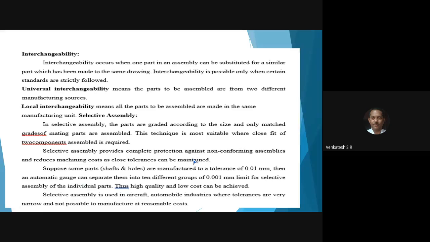Next, come to the point, interchangeability. Many of you have a two-wheeler, Honda Activa, Suzuki, Pulsar, KTM, Duke bike like this.